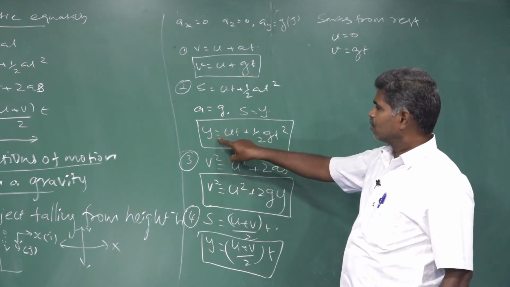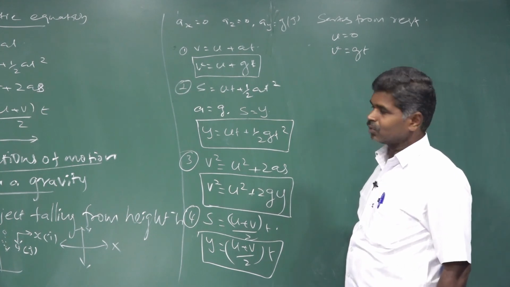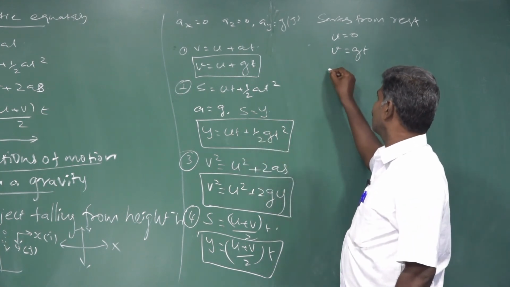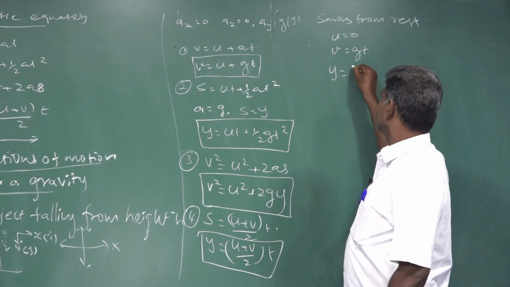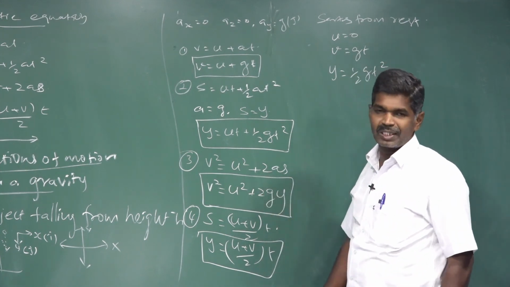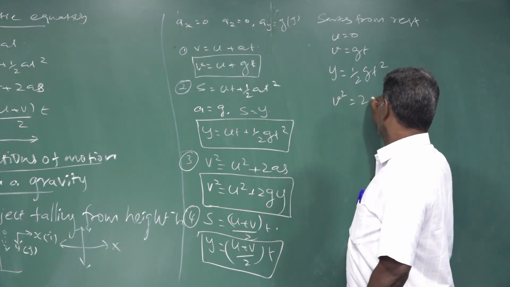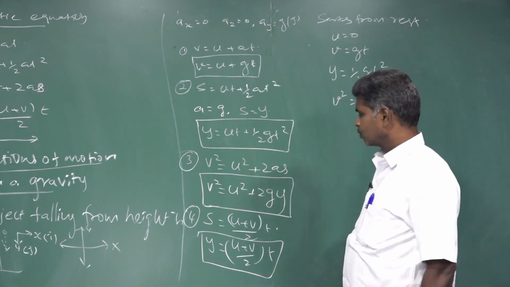Then the second equation, y is equal to ut plus half gt square. The u value is 0. That's why y is equal to half gt square. Third equation, there also the initial velocity is 0. That's why v square is equal to 2gy.